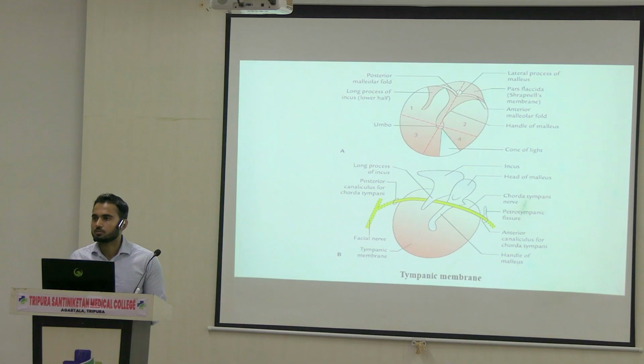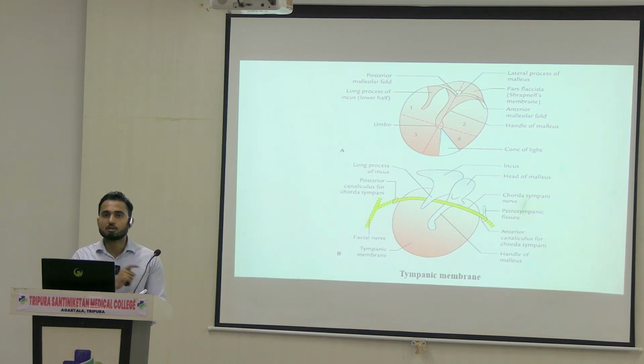Then where will it go? It will go to the infratemporal fossa, where it will be joined by the lingual nerve, which we have already discussed earlier. So that is the course of the chorda tympani nerve, and that is the importance of the lateral wall.